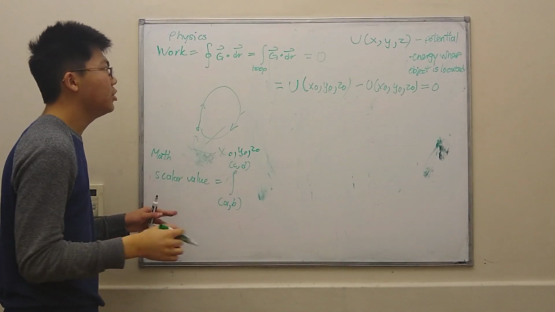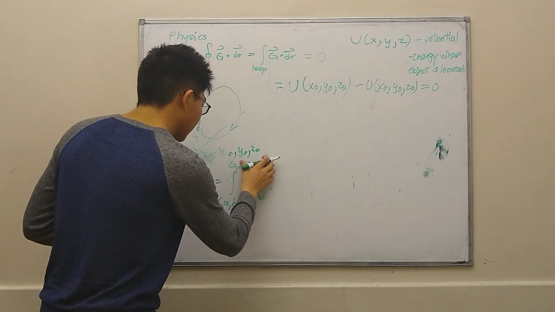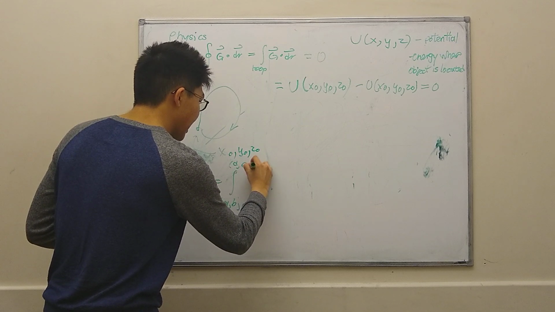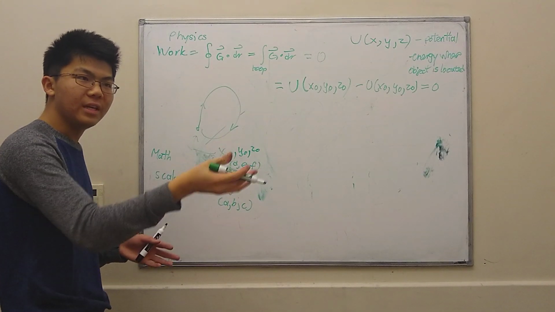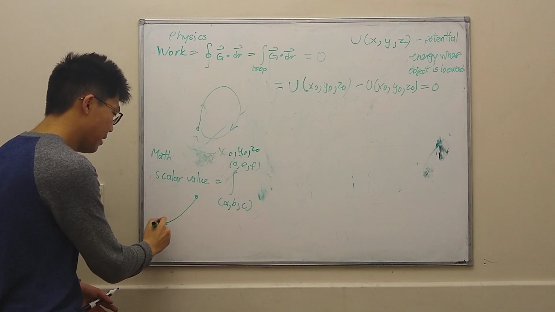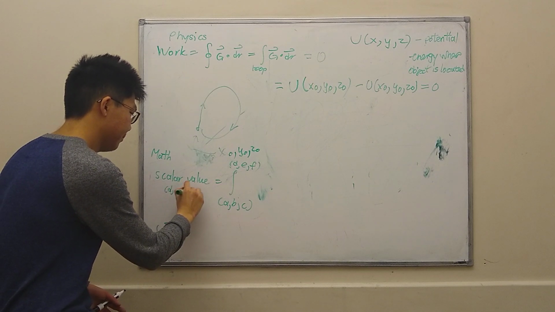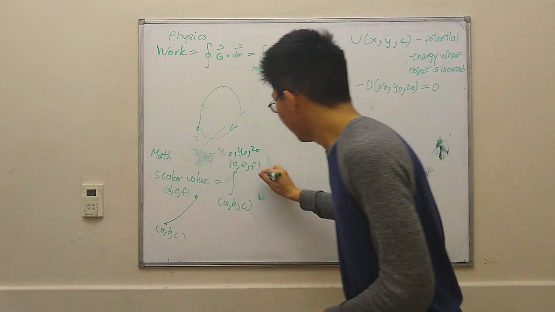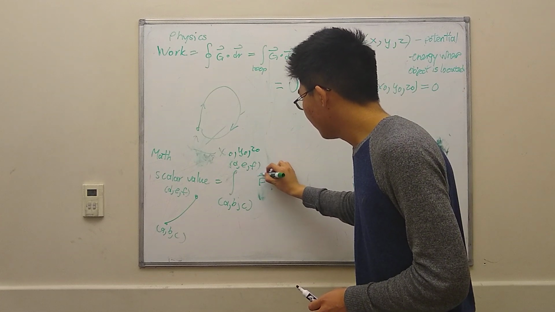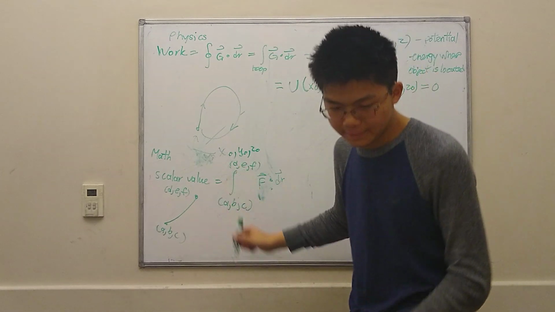In this case, I'm going to do it from a point A, B, C in space to D, E, and F. So we're basically moving the point from a point here, A, B, C, to a point here, D, E, F. Now, here's our vector field, general vector field F. And here's our dr vector. So we're moving this through the space.